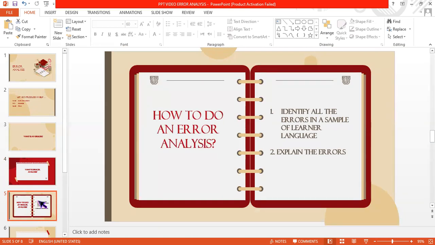This can help researchers understand the cognitive processes the learner is using and help teachers decide which errors might be targeted for correction. Researchers have worked up the following procedure for doing an error analysis, Corder, 1975.